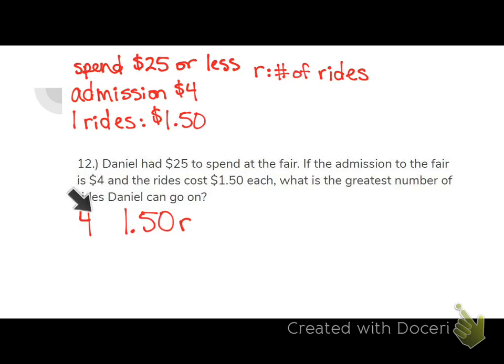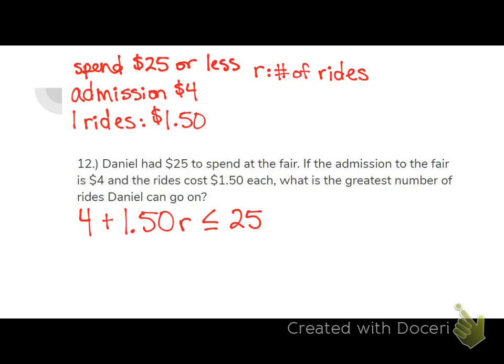If I said you spent $4 getting in and you spent $1.50 going on one ride, add them. You're trying to figure out how much you spent total. To get your total, you would have to add them. Okay, and that number that we get when we total it up needs to be what compared to the 25? Less than or equal to. We cannot spend more money than we have.